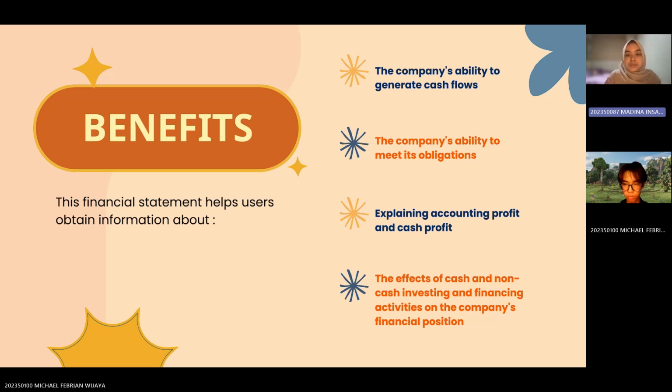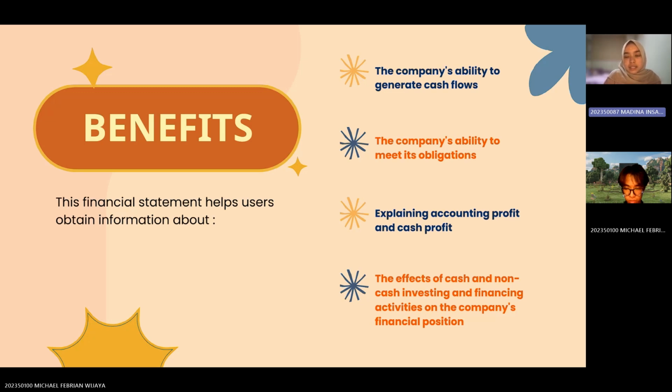Next is explaining accounting profit and cash profit. This highlights the difference between net income or accounting profit and actual cash available or cash profit, which helps in understanding the real liquidity of the company.